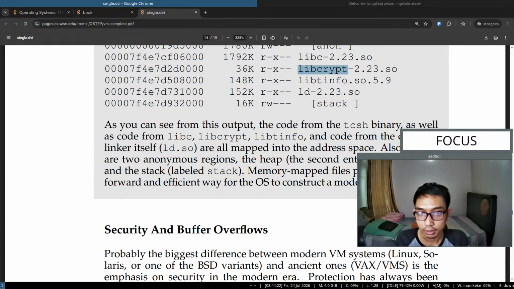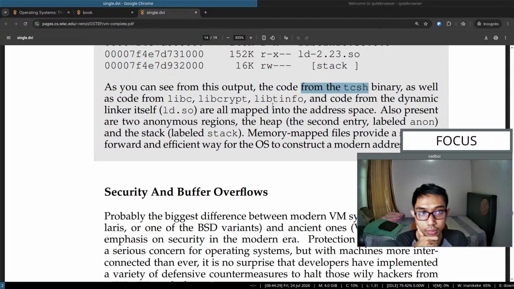As you can see from this output, the code from the tcsh binary as well as code from libc, libgrep, libinfo, libdinfo, and code from the dynamic linker itself, ld.so, are all mapped into the address space.